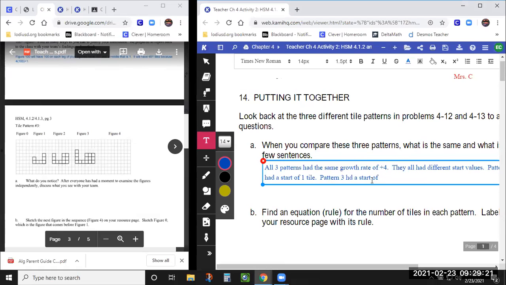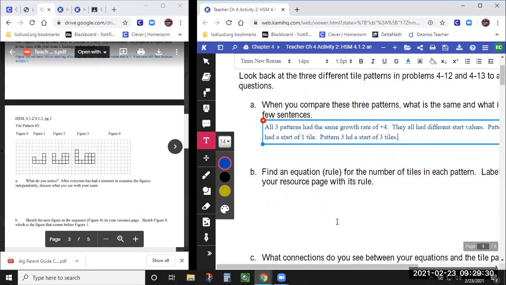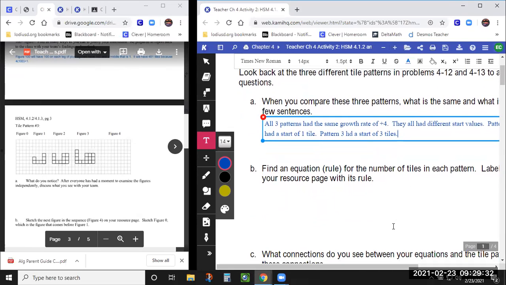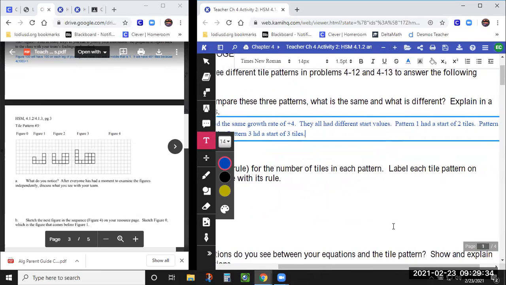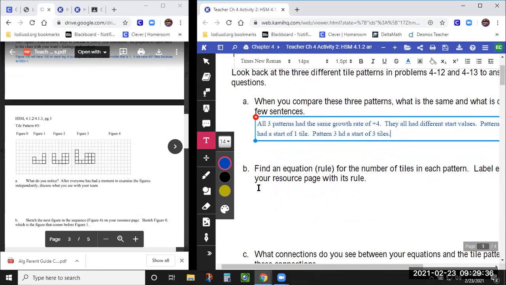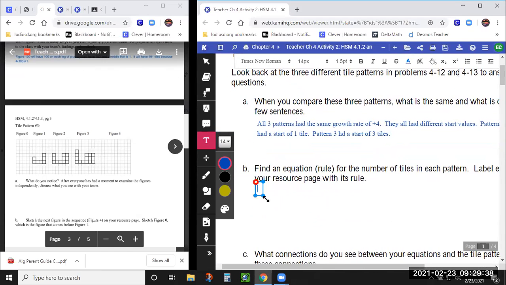Be specific. 3 what? Tiles. Okay. All right. So then we were supposed to find an equation for each pattern. Okay. And we already did that yesterday, so we just have to move it here.